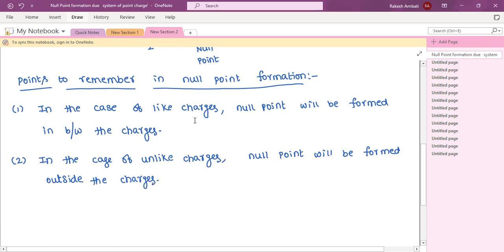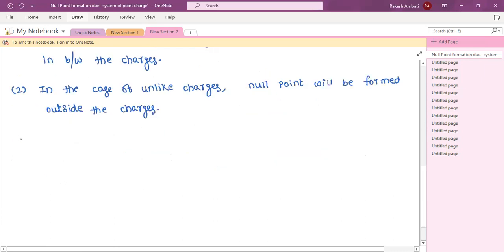Next, third point. Null point is always formed near to the smaller magnitude charge.